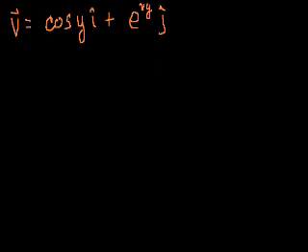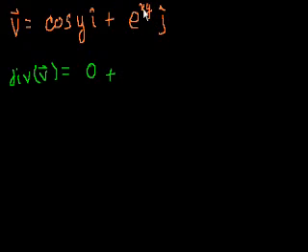So the divergence of v is equal to the partial derivative of this expression with respect to x. Well, what's the derivative of this with respect to x? If y is just a constant, cosine of y is just a number. So the derivative of this with respect to x is just 0.